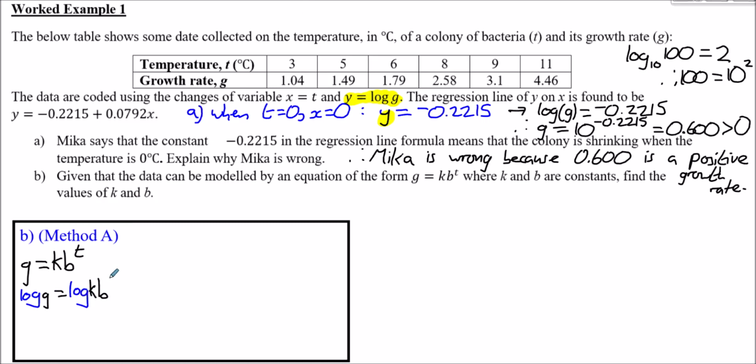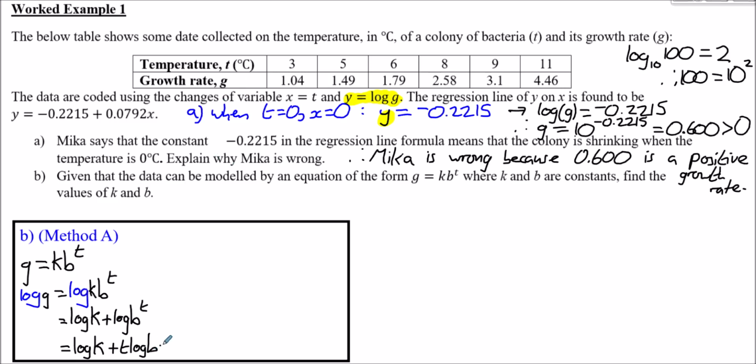Now we can decompose this log, because this is the log of a product. So this is the same as log of k plus the log of b to the t, which becomes log k, and of course this power drops down to the front, so we can say that's t log b.